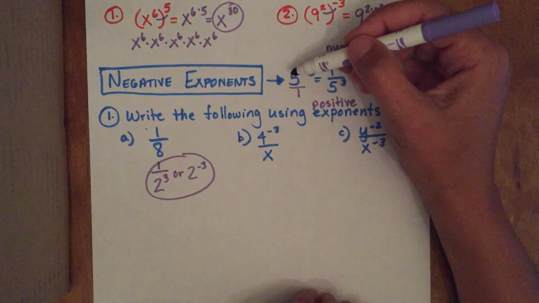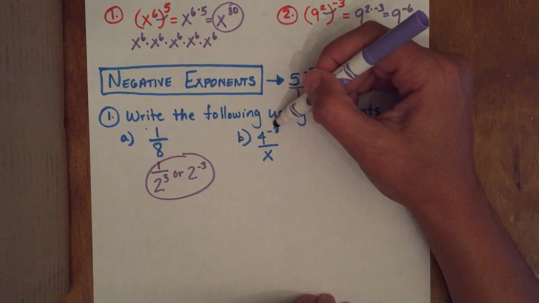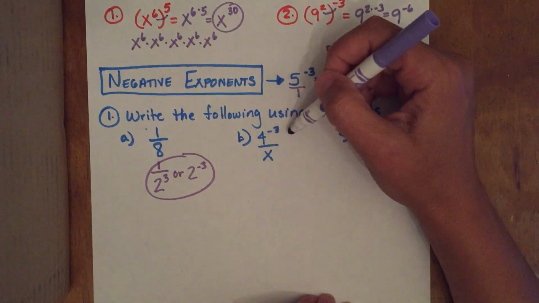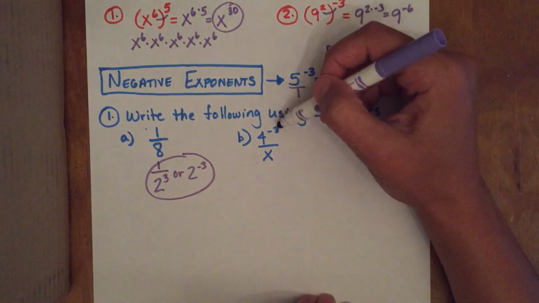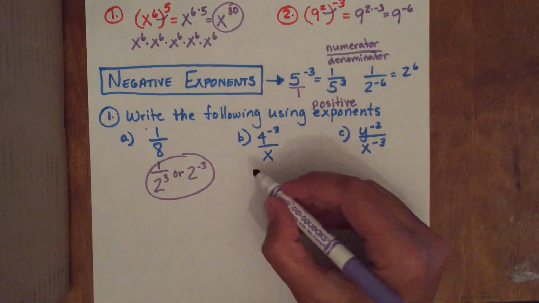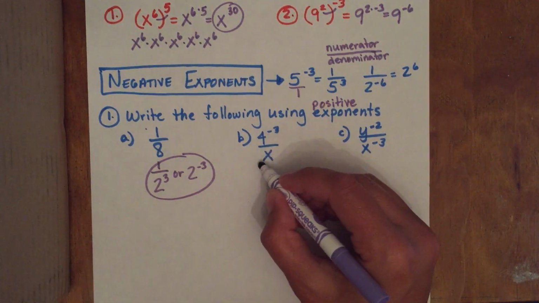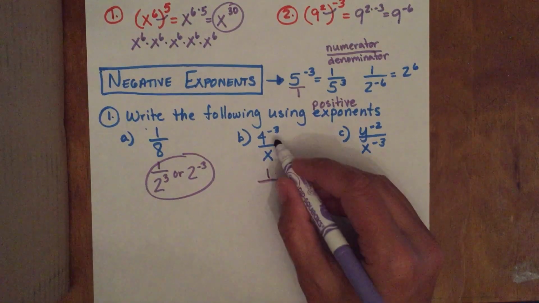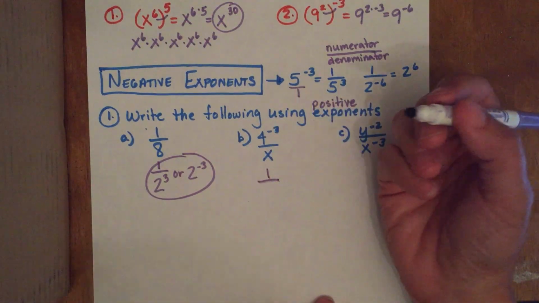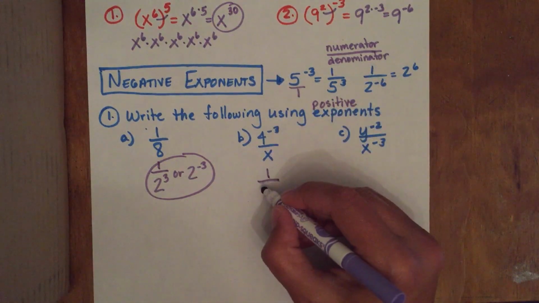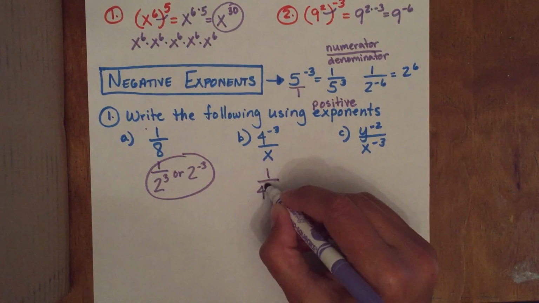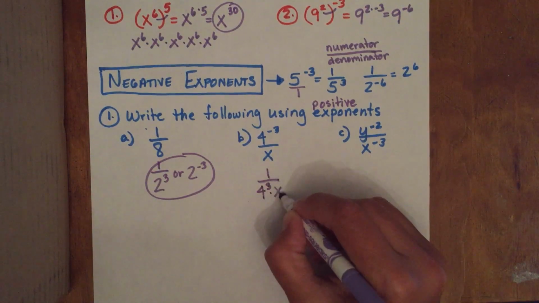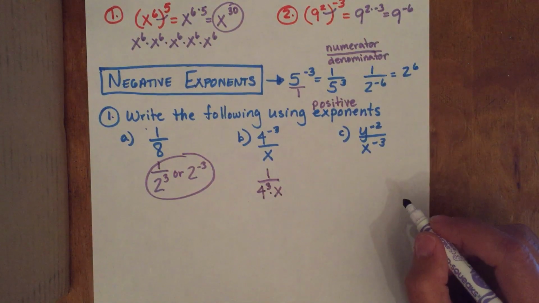So let's look at another example. I've got 4 to the negative third in my numerator and x in my denominator. So let's make that positive. I'm going to move the 4 to the negative third down to the bottom. That's going to leave me with a 1 only on top, because essentially what you're doing is you're dividing. And then I'm going to have 4 to the positive third times x in my denominator.